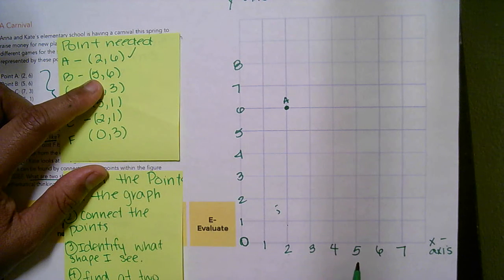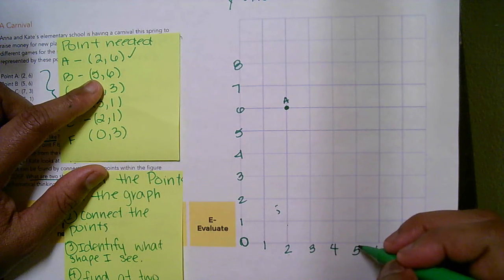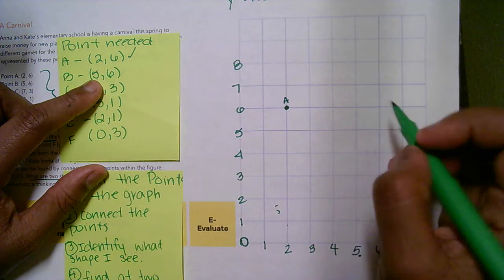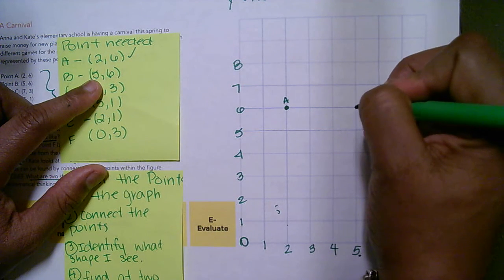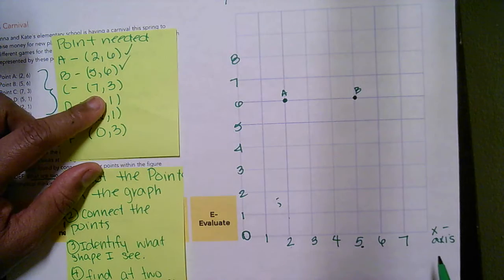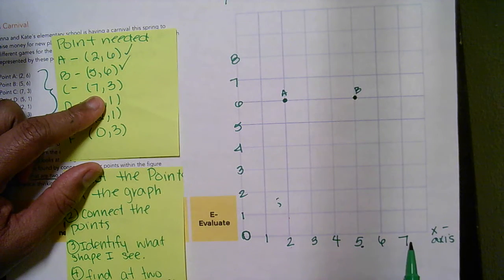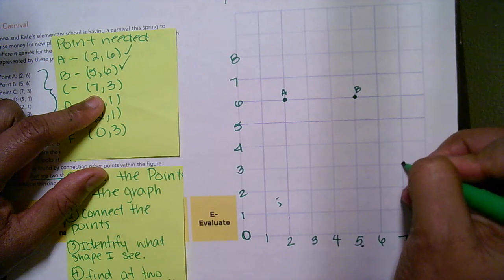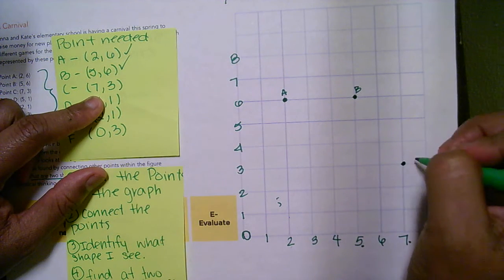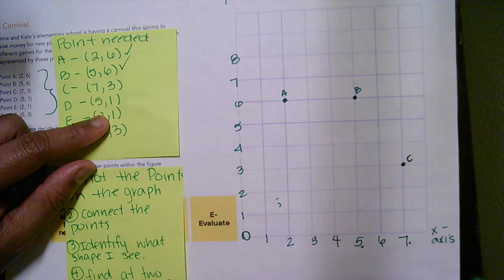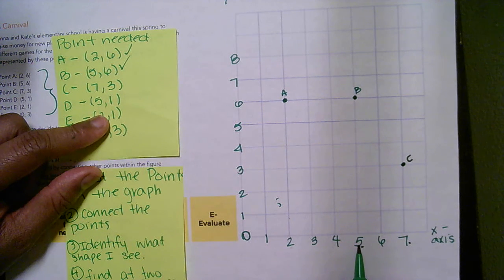I'm going to continue plotting these points. So B is elevator 5 up to the 6th floor. Next is 7th elevator up to the 3rd floor. Make a point, make a plot, label that C. Next, I'm going to elevator 5, and I'm going up 1 floor.